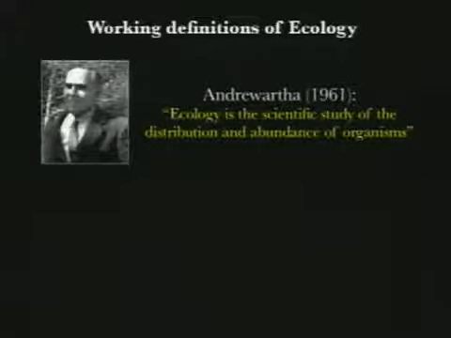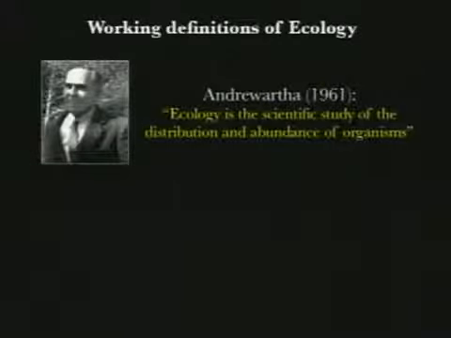So let's get into more modern definitions of ecology, and some that have been very influential. In the 60s, an Australian ecologist defined ecology as the scientific study of the distribution and abundance of organisms. Distribution and abundance.